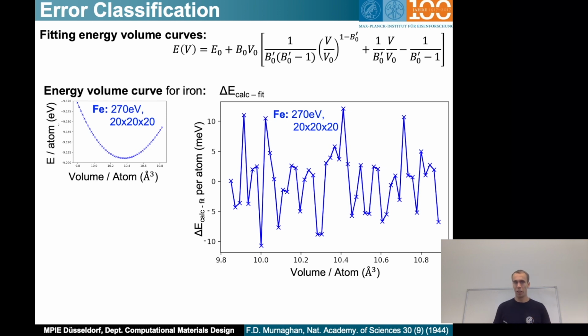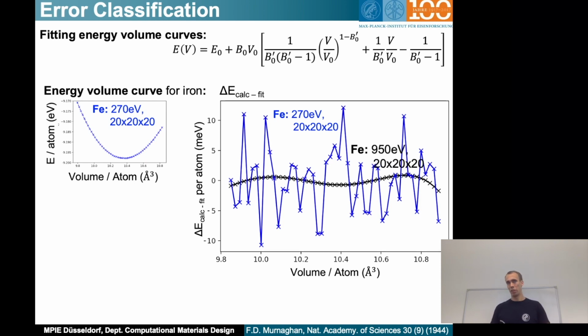So we can only have a discrete number of plane waves. So whenever we add more plane waves, we can see this kind of jump in energy, and it's not a continuous shift. If we then increase the energy cutoff, we see a rather different behavior. So that's what I demonstrate here. For an energy cutoff of 950, 20 by 20, we no longer see this high frequency noise, but really more like a low frequency noise. And we can then identify these two.